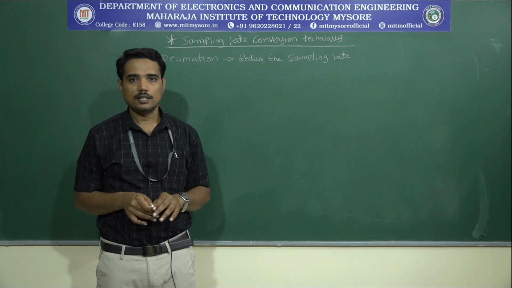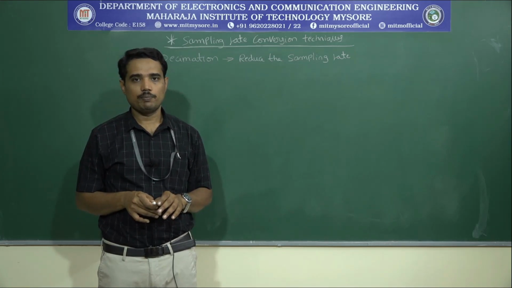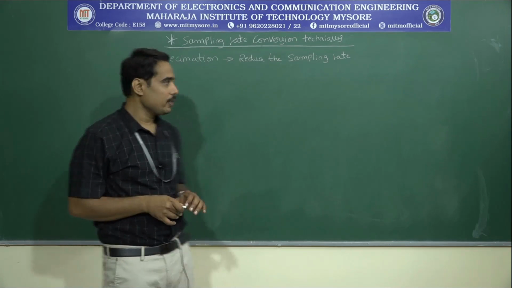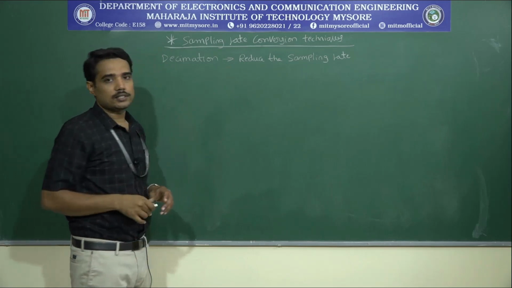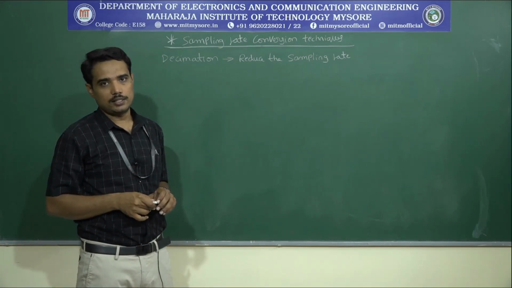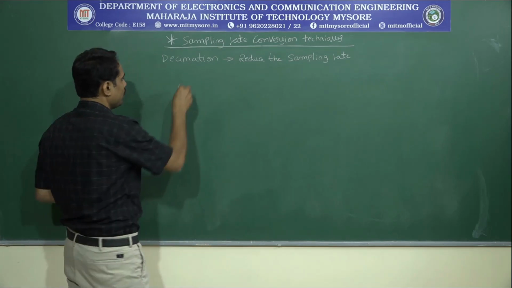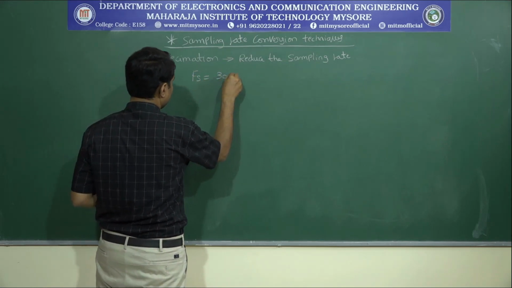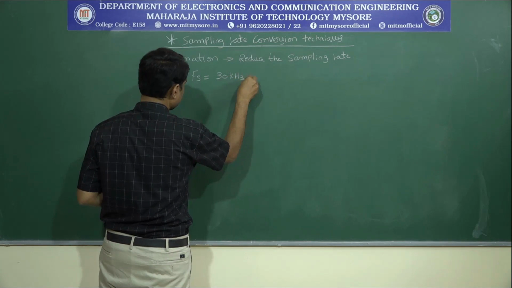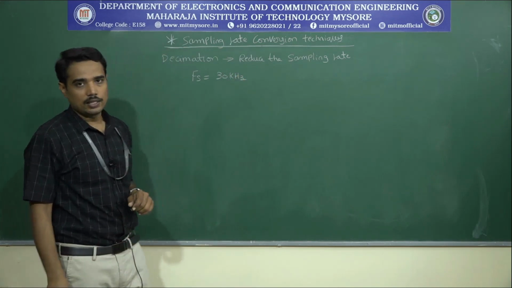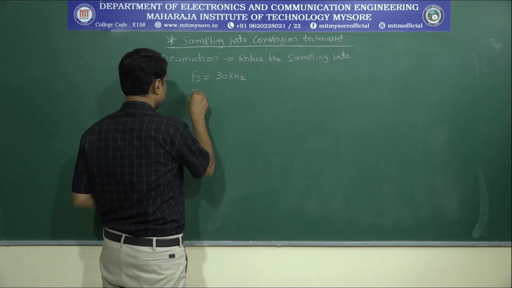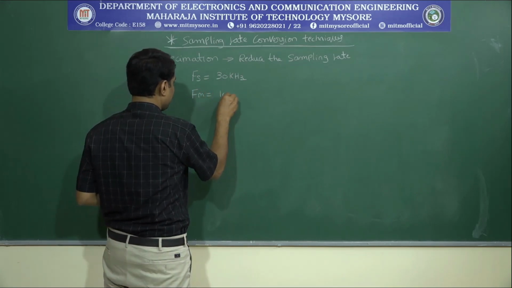That is the answer for proper sampling rate conversion. That means we have to take care of the sampling rate condition. For example, if we have a sampling rate Fs equal to 30 kilohertz, the sampled rate is 30 kilohertz, and whose highest frequency component is 10 kilohertz.